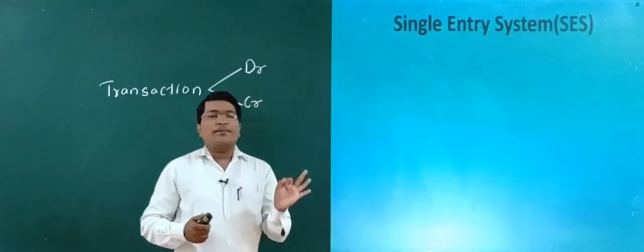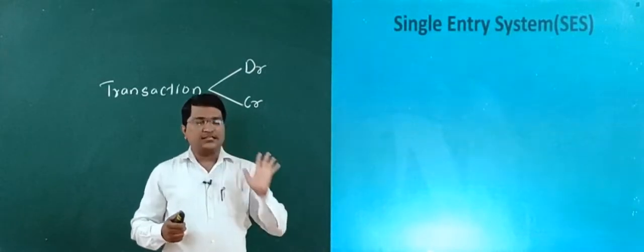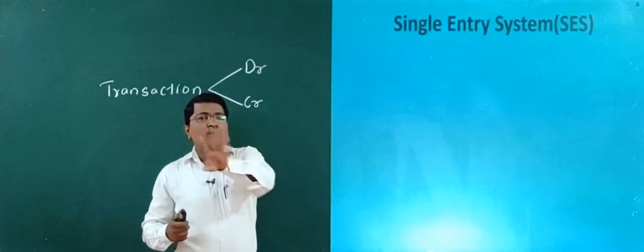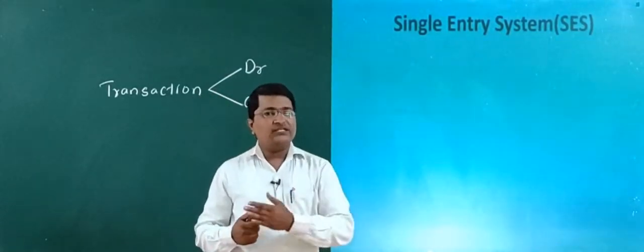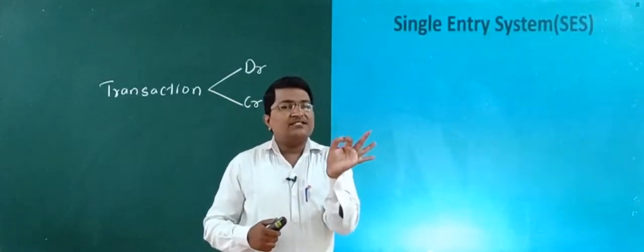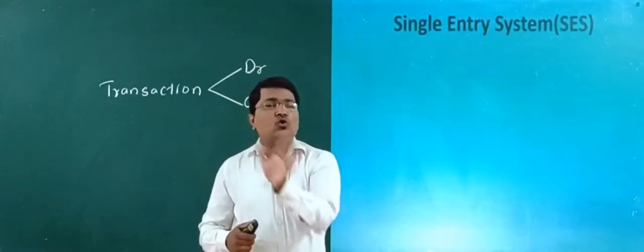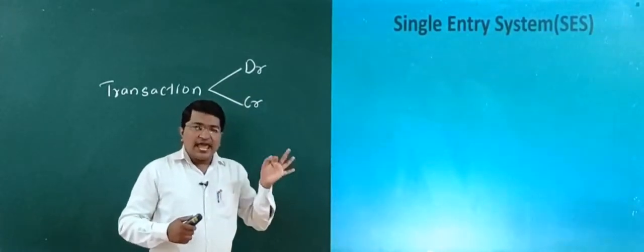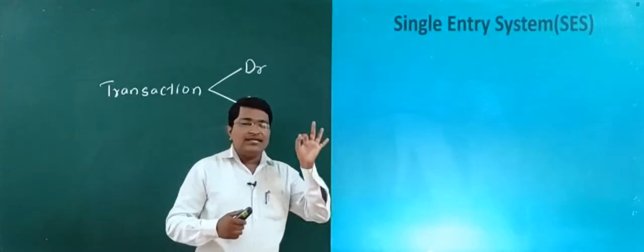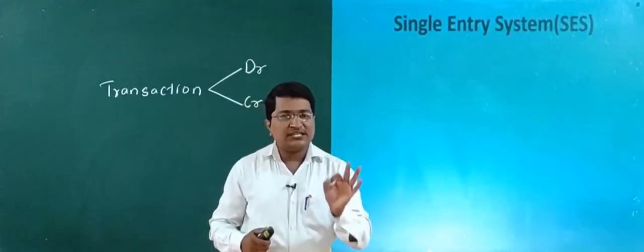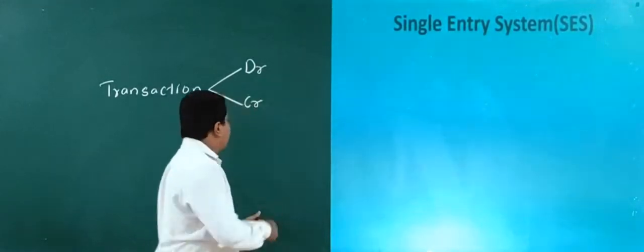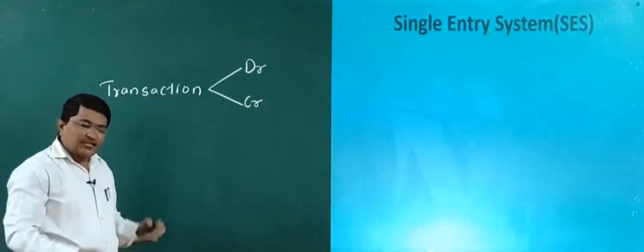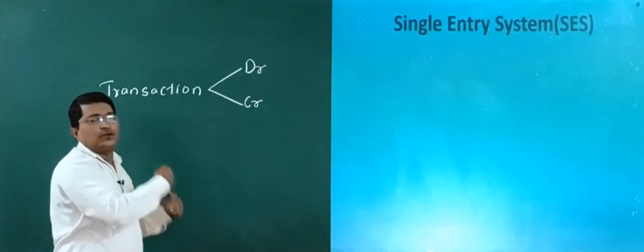For example, purchase of goods of rupees 10,000 is the transaction. For this you need to pass two entries, that is purchase account debit to cash account. It means as per accounting rule every transaction must have two entries, one debit and one credit. It is the principle of accounting.